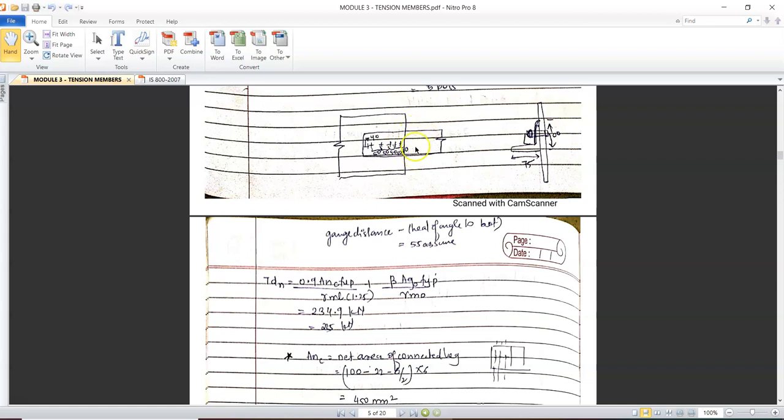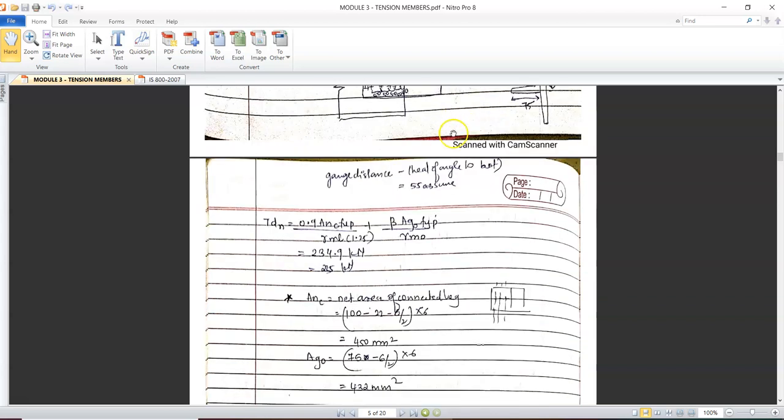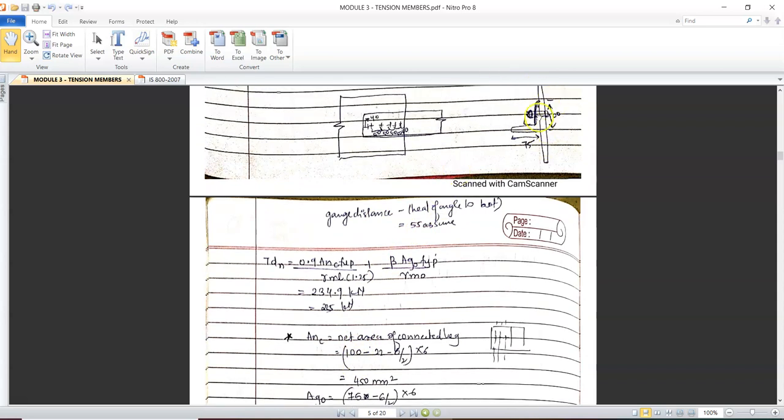This is the 100 mm connected leg, and this is the 75 mm leg. Now the net area of the connected leg will be 100 mm, which is the connected leg, minus one bolt hole, diameter of one bolt hole 22, minus half of the angle thickness.